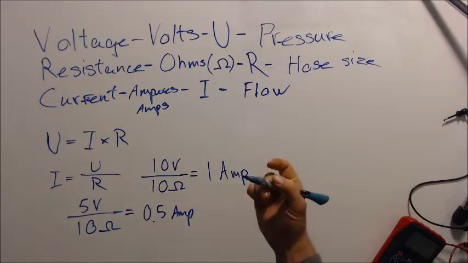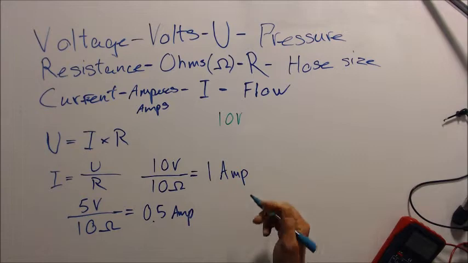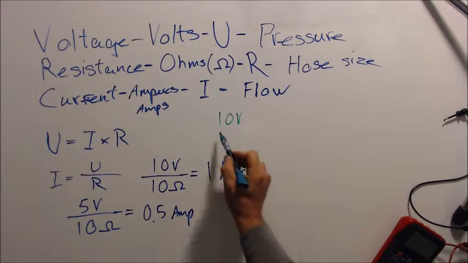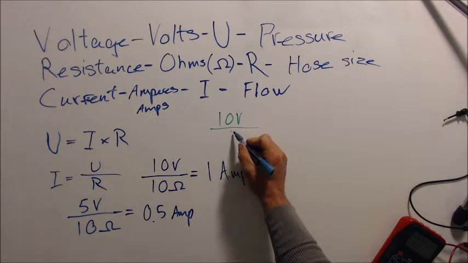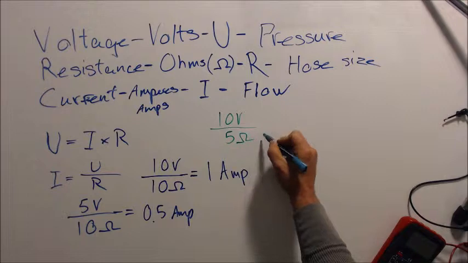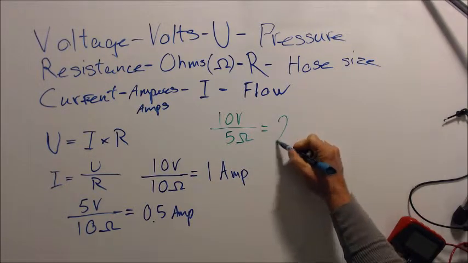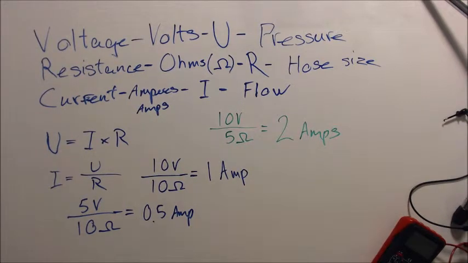So let's go back up to 10 volts here, and let's do 5 ohms. And we now have 2 amps. And that's Ohm's law. All right, so let's put this to practice.